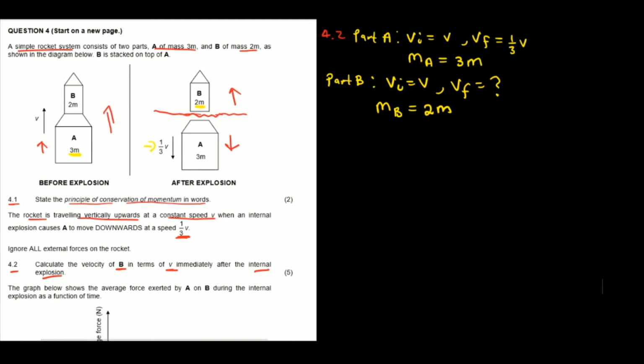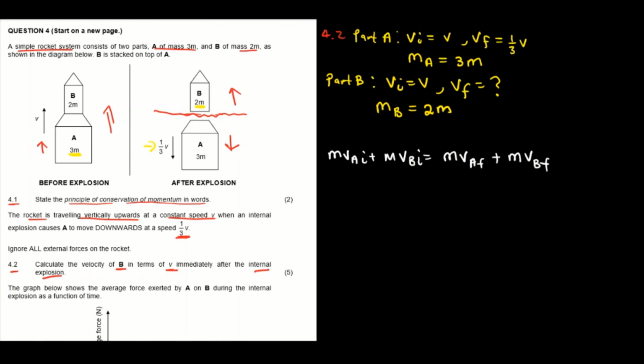So the first thing you're going to do is use this equation here, which is m v A initial plus m v B initial is equal to m v A final plus m v B final.